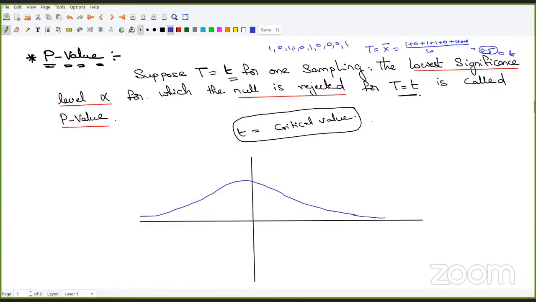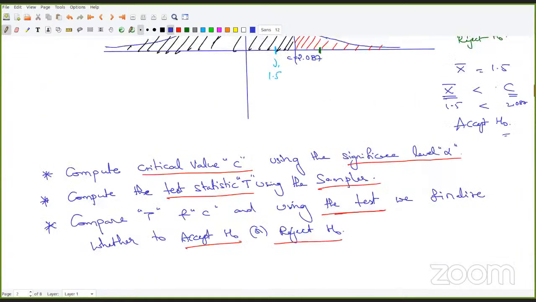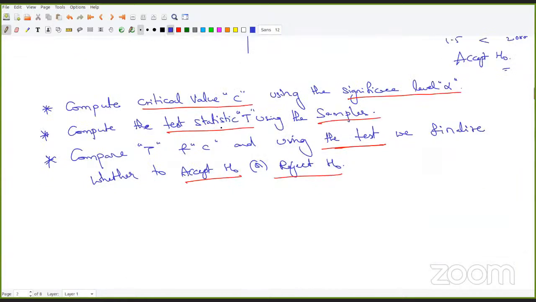Capital T is a random variable, small t is a value. Small t will not be given, but the samples will be given. You can compute the small t using the test statistic. So this 0.5 is what small t is in this case.